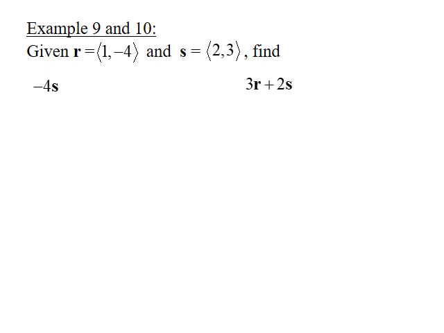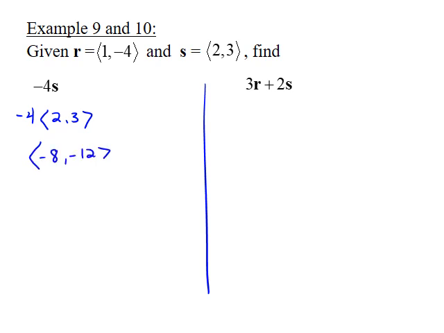In this example, I have a scalar multiple of negative 4, and I want to multiply that by a vector s. So I'm simply going to take negative 4 and multiply it by this vector. So I end up with negative 8, negative 12.